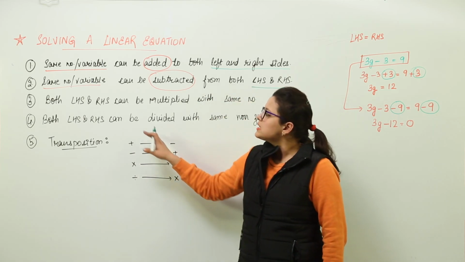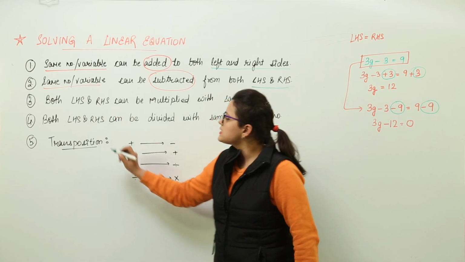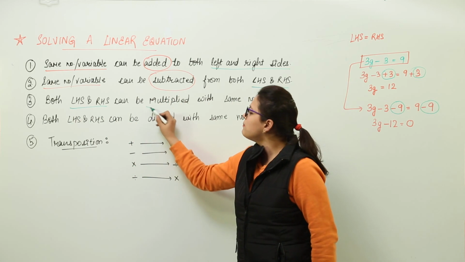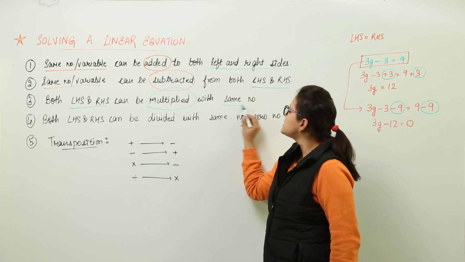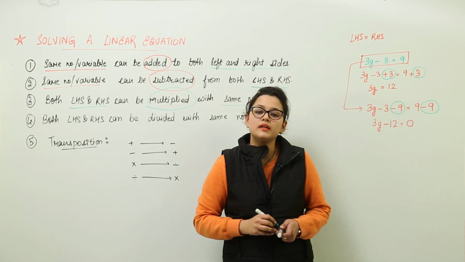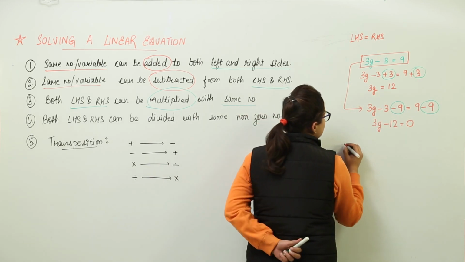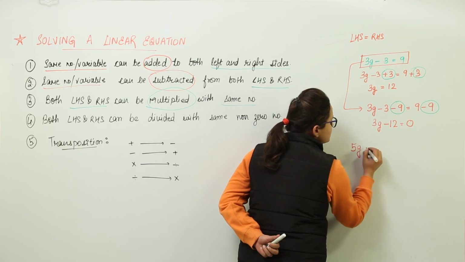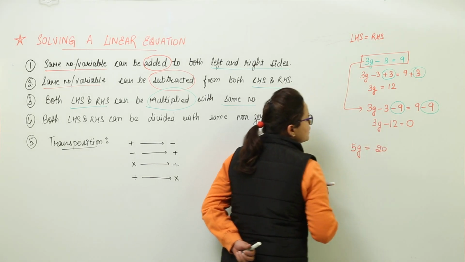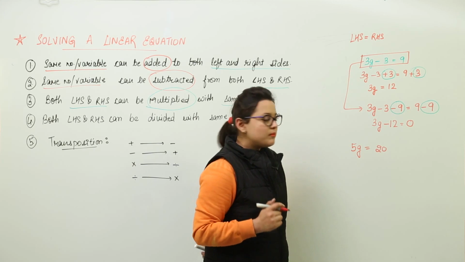The third one is that both the left hand side and right hand side can be multiplied with the same number. Now you can even multiply the left hand side and right hand side, but with the same number. Let us take another example. Let's say 5g is equal to 20. Now this is one example given to us.